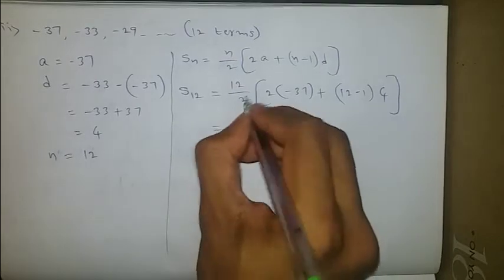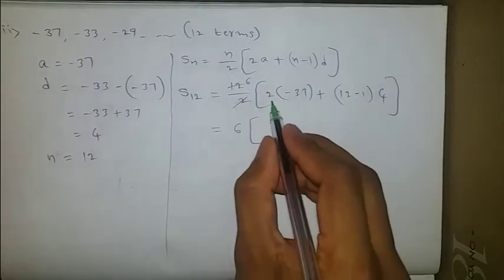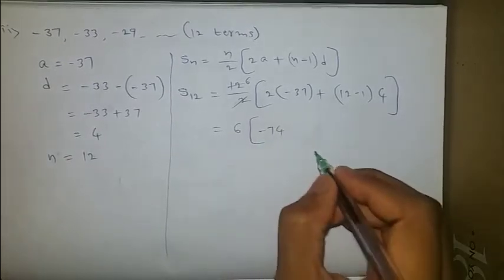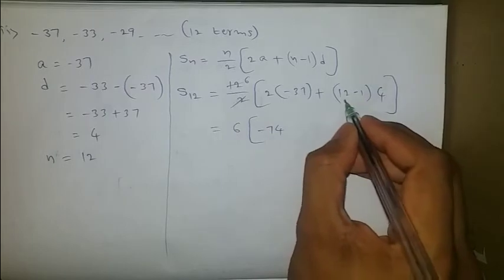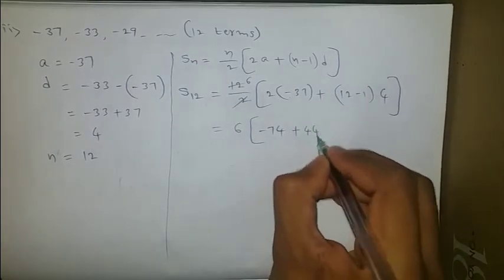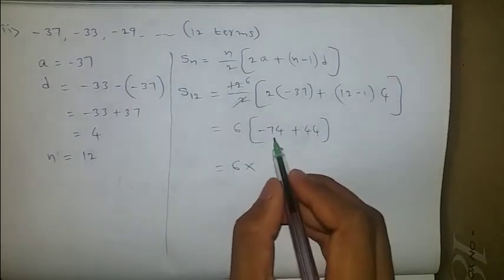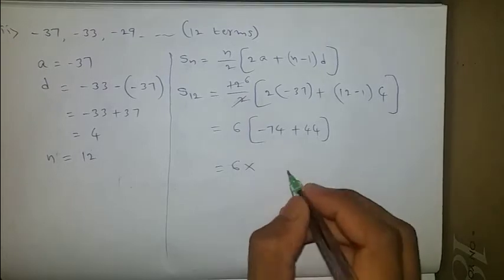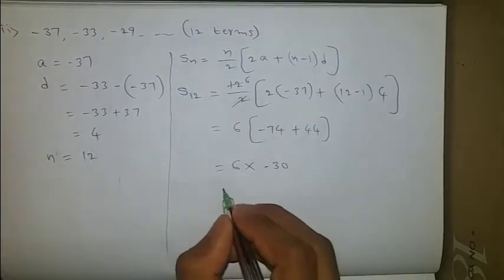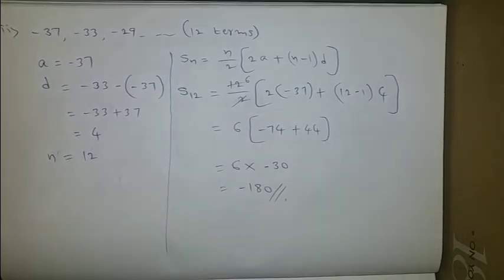Which is 6 times 2 into minus 37, minus 74, plus 12 minus 1, 11, 11 into 4, 44, so plus 44. Which equals 6 into minus 74 plus 44, minus 30. 6 into minus 30 is minus 180.